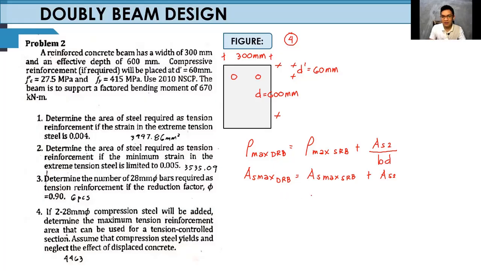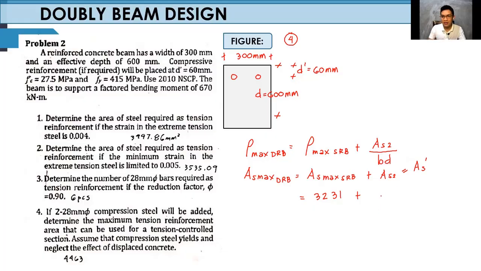So therefore, with this one, substitution na tayo. So, AS maximum natin, which is na-solve natin kanina, di ba? So, that is 3231. That is our area ng maximum natin sa singly reinforced beam. And then, plus AS2 natin. So, sabi dito, ang AS2 daw natin, which is equivalent daw siya sa ating AS prime. 'Di ba? Kasi yung katumbas ng AS2 sa baba, yan din ilalagay natin na bakal sa itaas.